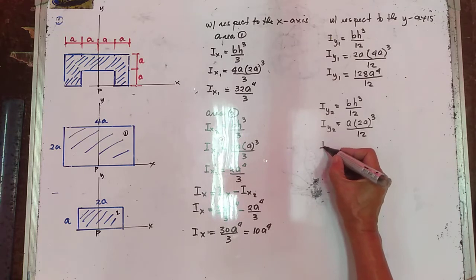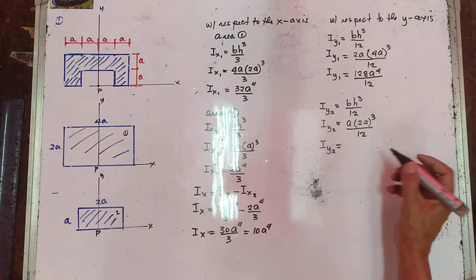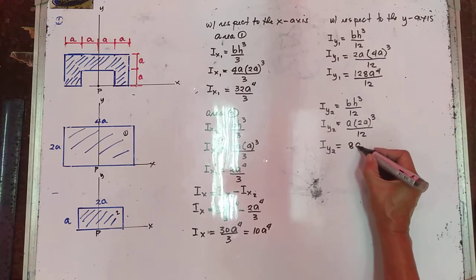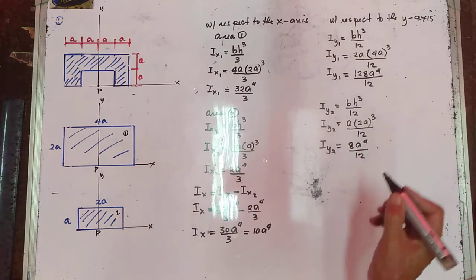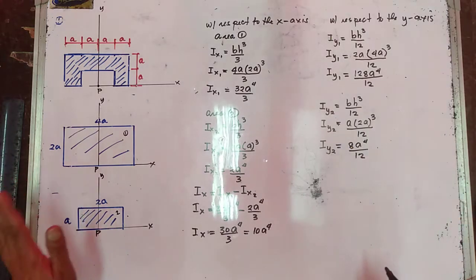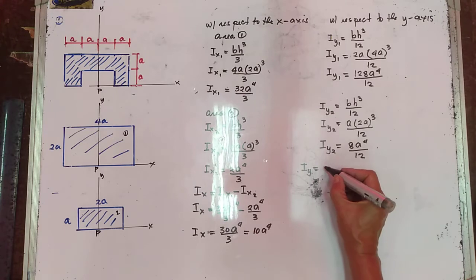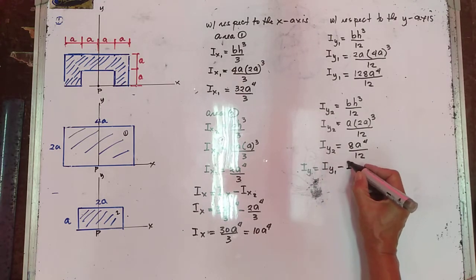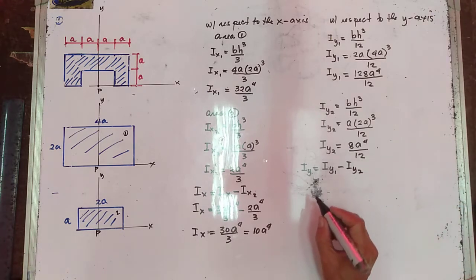So we have the moment of inertia with respect to the y-axis of area 2. 2 cubed is 8, so we have 8a raised to the fourth all over 12. Now, the moment of inertia with respect to the y-axis is Iy1 minus Iy2. Again, we remove the area.